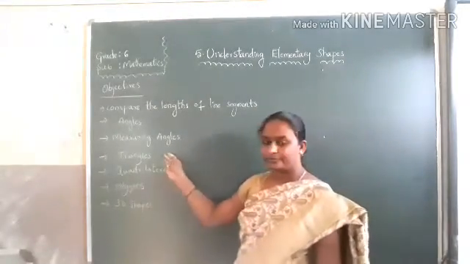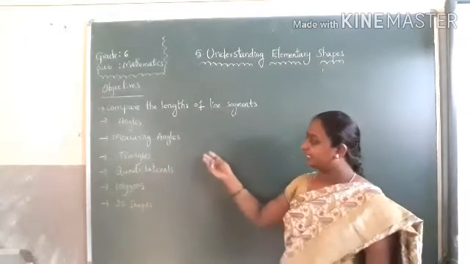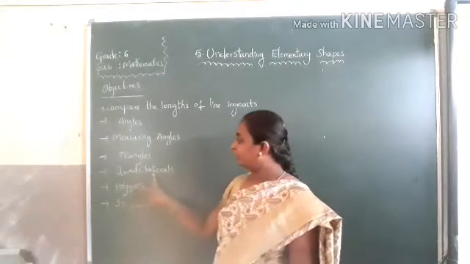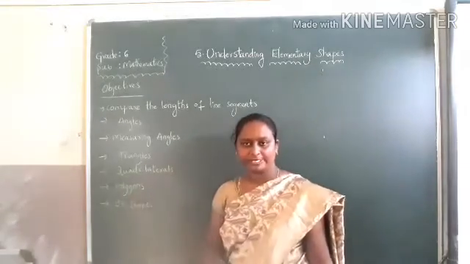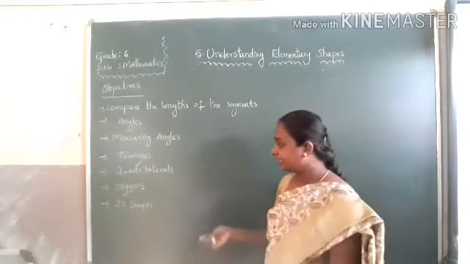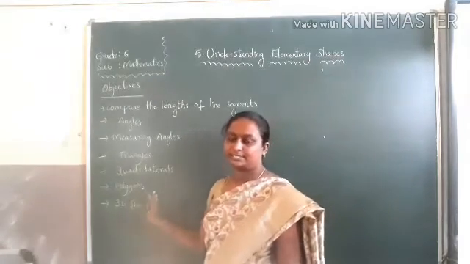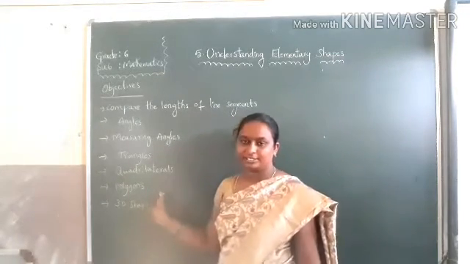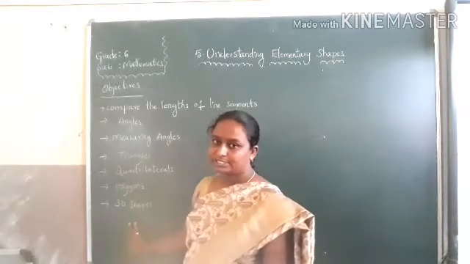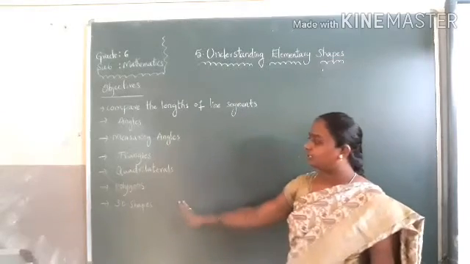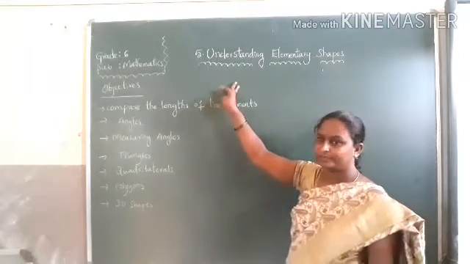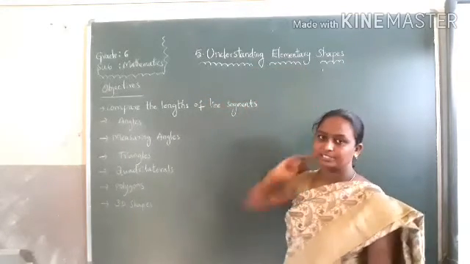Such classifications we will also learn in this chapter. And quadrilaterals: what are quadrilaterals, how many types of quadrilaterals, and how quadrilaterals are formed. And next polygons: what is meant by polygon, how many types of polygons? And next three-dimensional shapes. All these topics we will learn in this chapter. What is our chapter? Understanding elementary shapes.